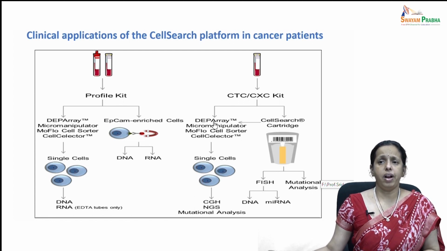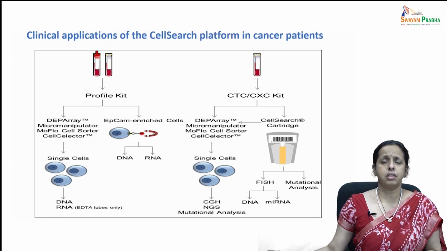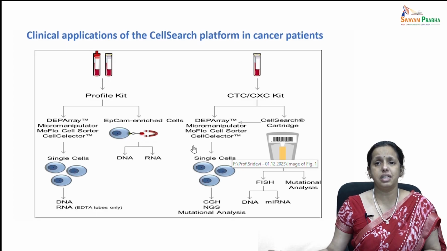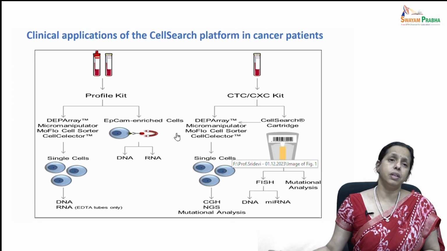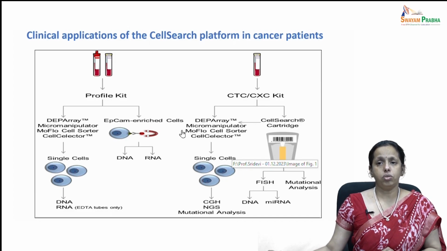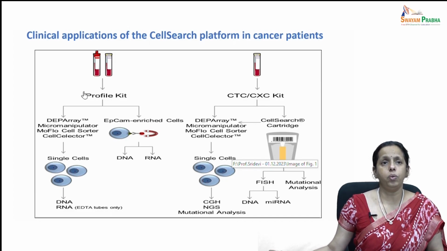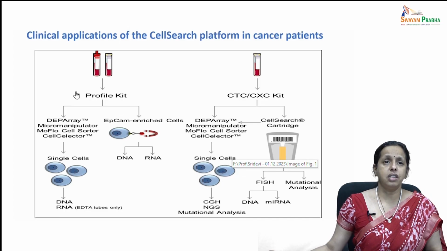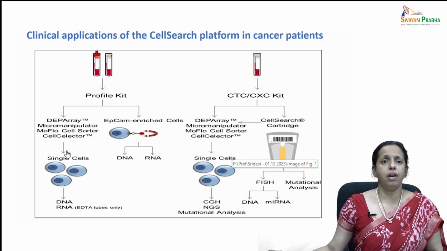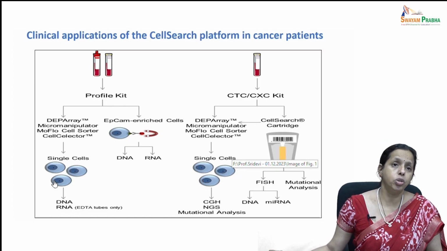So you have well designed instruments for isolation of single CTCs using the CellSearch system, and CTCs enriched by the profile kit allow a lot of comprehensive analysis of these individual tumor cells.